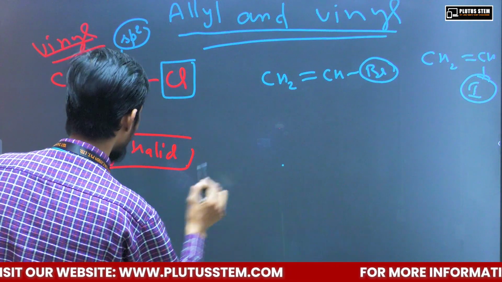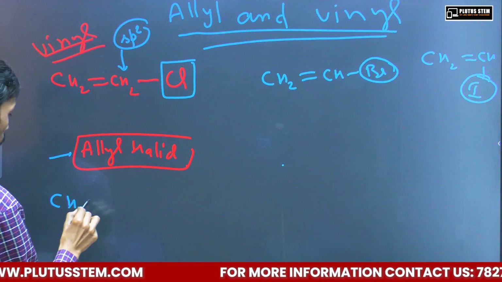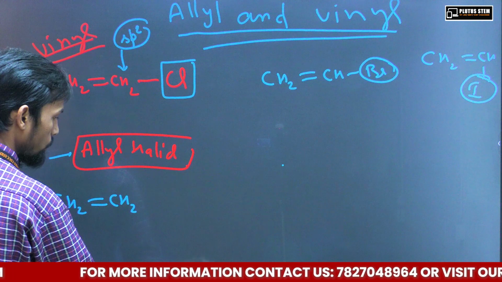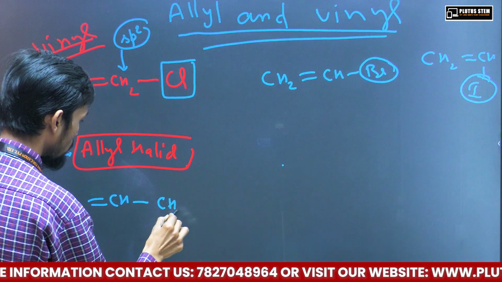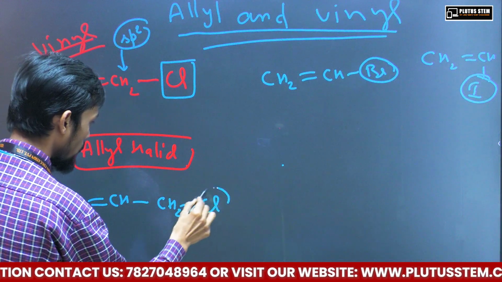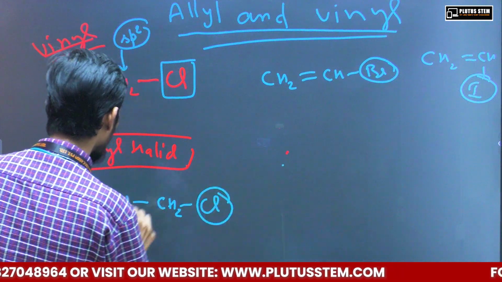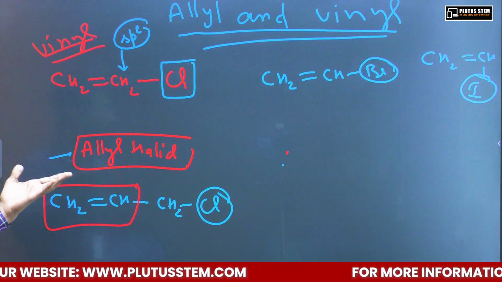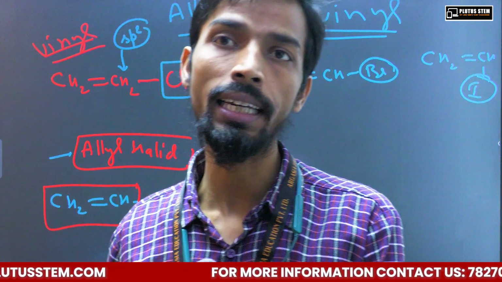The aryl and benzyl, allylic and vinylic are somehow similar types. In this also you will see CH2Cl. Again, these are not directly linked to this alkene. In vinylic, we are seeing the direct attachment of this halogen to the alkene.